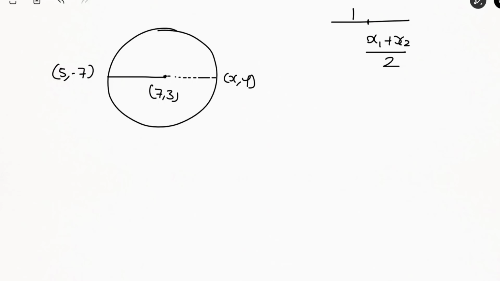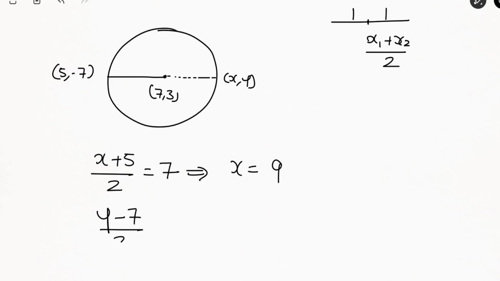Because this is 1 and 1, the ratio. So let's apply that. x plus 5 over 2 is 7. Alright, so x will be 14 minus 5, that will be 9, and y minus 7 over 2 is 3. So y will be 6 plus 7, 13. So 9 and 13.